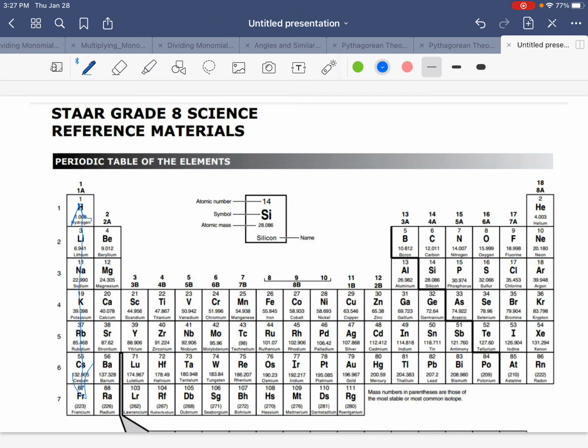They are grouped this way because all elements within each of these up and down columns have similar chemical properties. Most importantly, each of these have the same number of valence electrons.